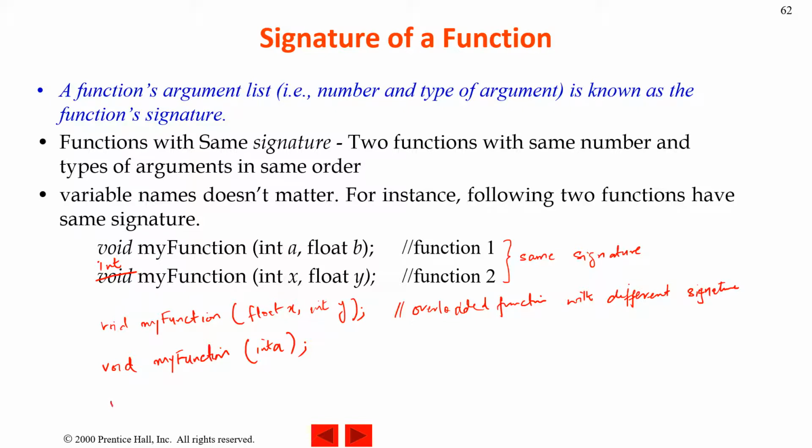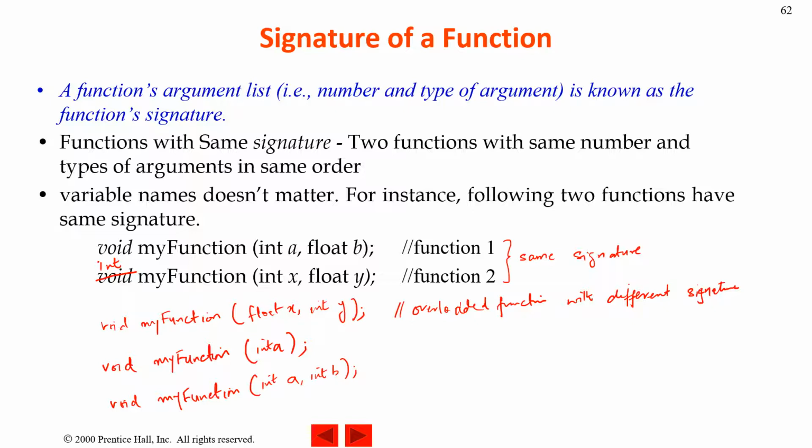So another variation could be void my function int a, int b. So this differs from these two because the order is different. This differs because the number is different, and this differs because the types are different.